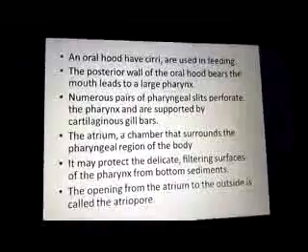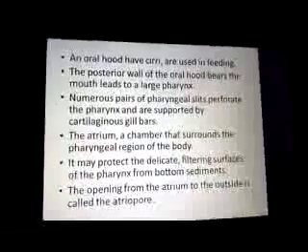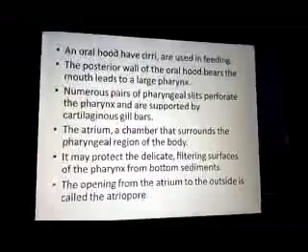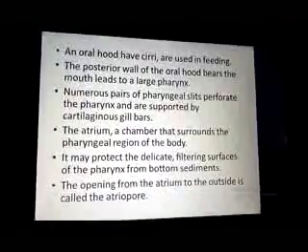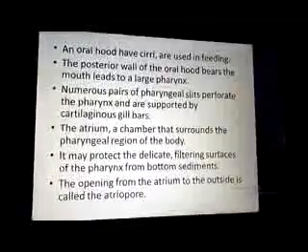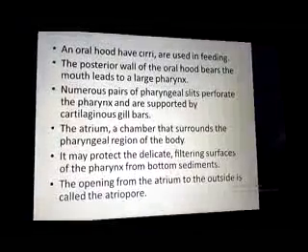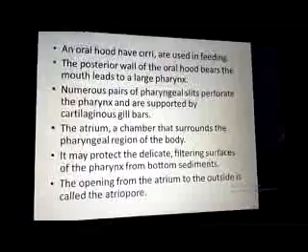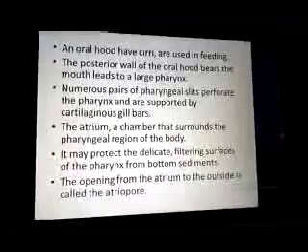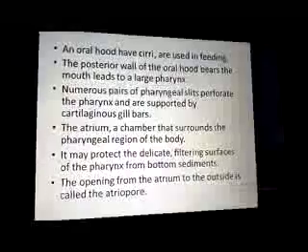At the anterior side, the oral hood is surrounded by cirri, and these cirri are used for feeding. The mouth is present at the posterior wall of the oral hood, and this mouth opens into the pharynx. Numerous pharyngeal gill slits are present in the pharynx, supported by gill bars, and these gill slits open into a cavity called the atrium.